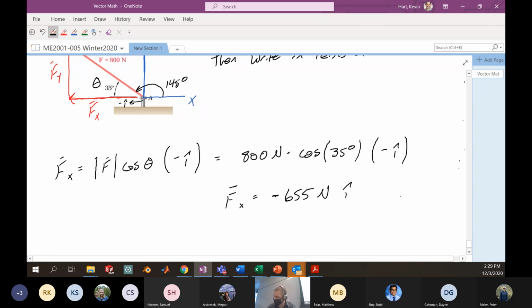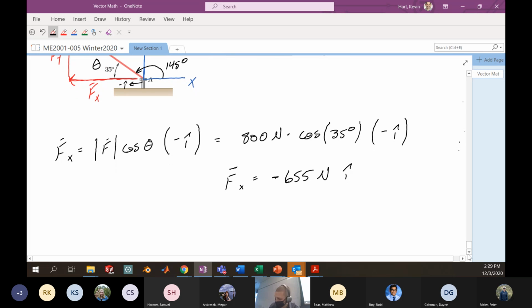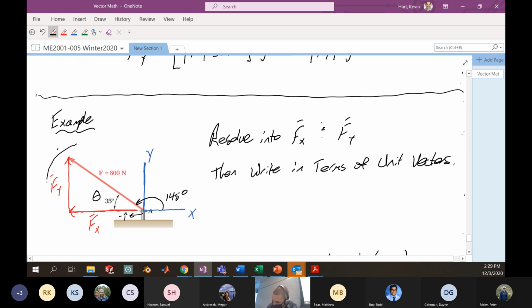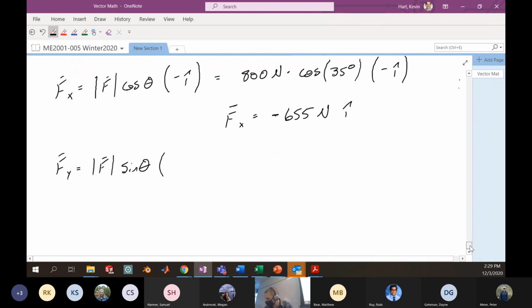All right, we can do a similar thing with the y direction. Magnitude of f, but here now we're resolving this with the sine of theta. And this is pointed upwards, so this vector here is generally in the positive y direction, so I'm going to take my positive j hat unit vector.